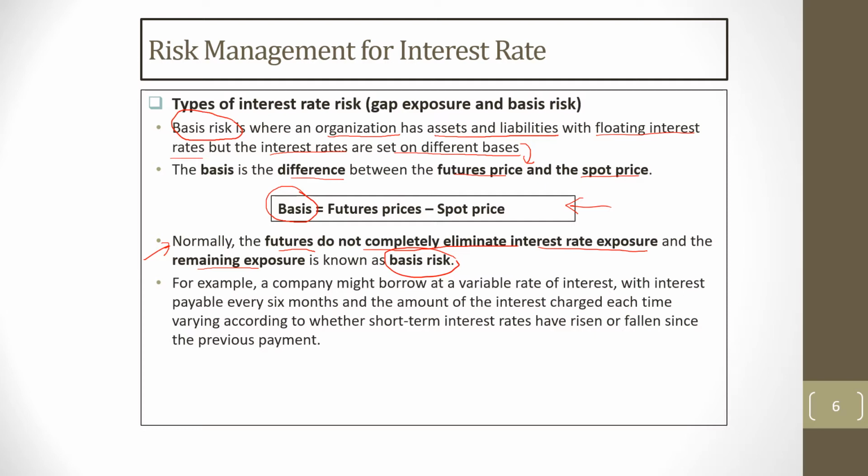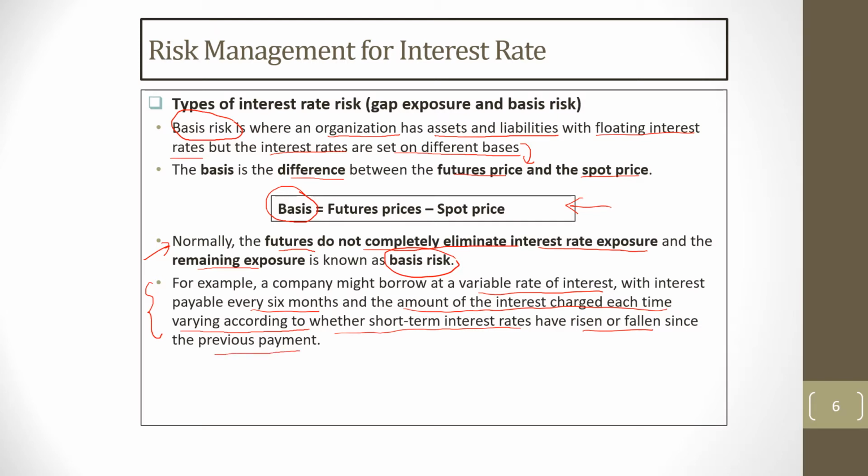Okay, so this is the example. Macam mana dia kata, for example, a company might borrow at a variable rate of interest, with interest payable every 6 months and the amount of the interest charged each time varying according to whether short-term interest rate has risen or fallen since the previous payment.